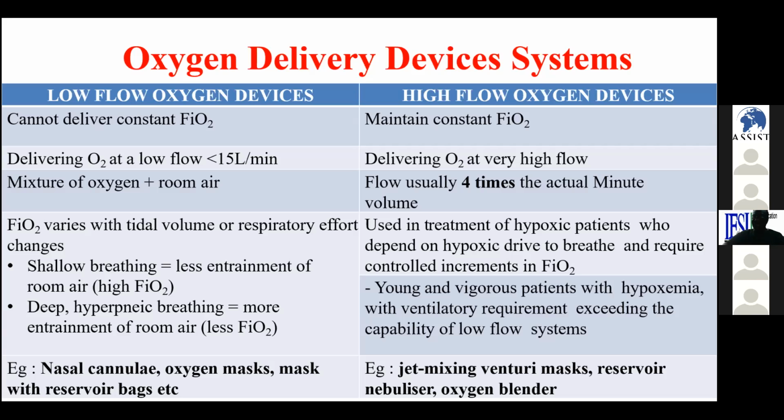It changes based on the patient's respiratory rate and stress, so you can't estimate which flow you are giving and which flow the patient is really receiving. It's not constant. But in the case of high flow, because you are applying another pressure, the patient is receiving a precise and constant FiO2.